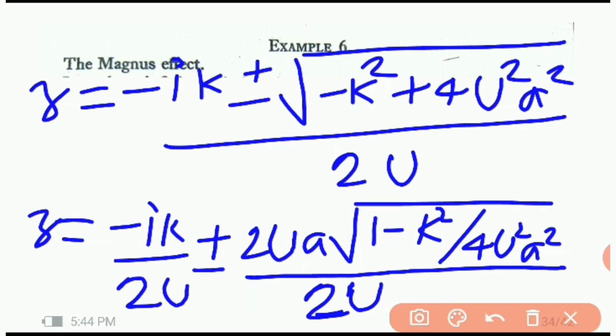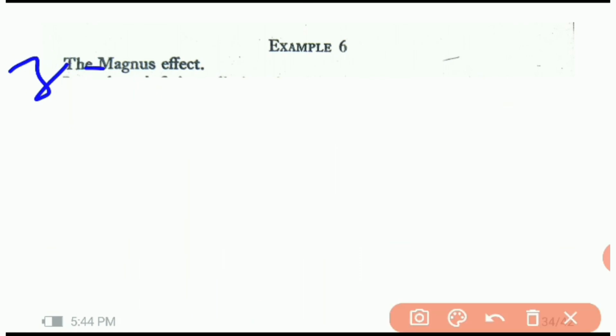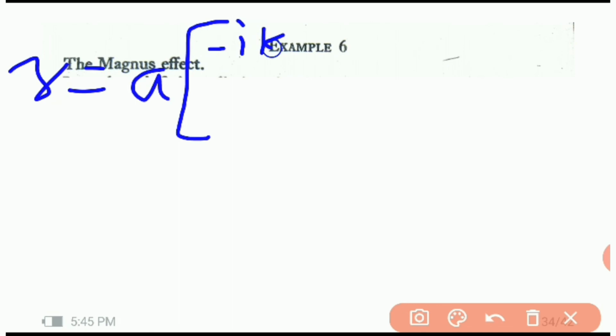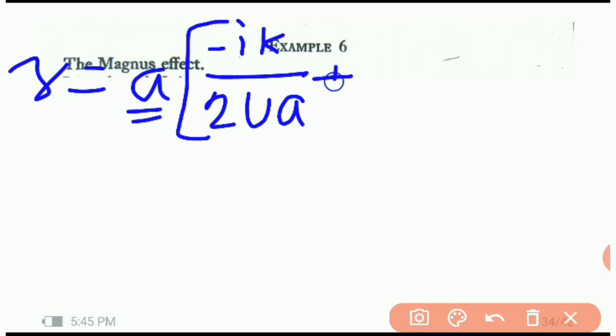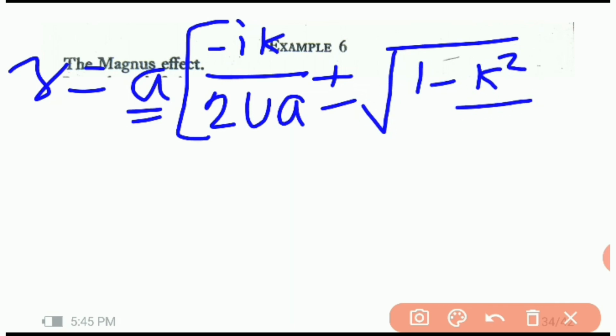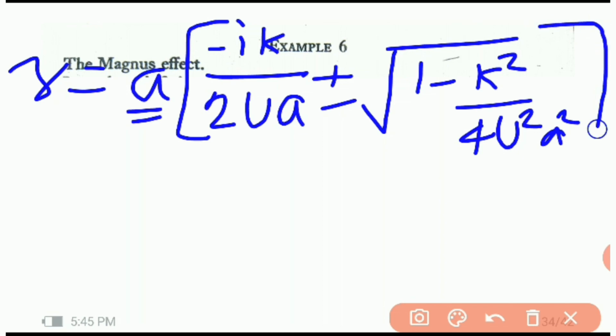And this can be written as, if we take a common, then z is equal to a in bracket, minus ik upon 2ua, because we have taken a common, plus or minus root 1 minus k square upon 4u square a square, bracket close. Suppose this is number 1.